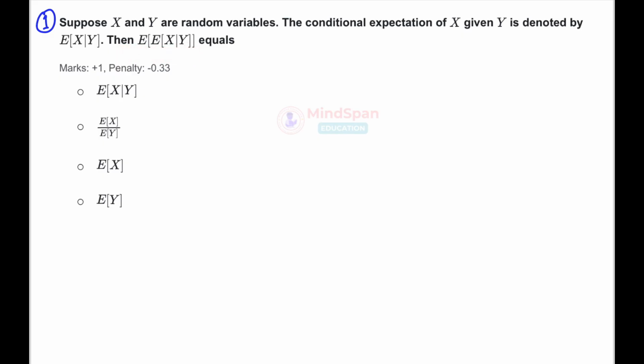We have already covered this. This is what we call the iterative law of expectation, and we have already seen that the iterative law of expectation is nothing but the total expectation theorem, right? This is not really a problem, this is a result of the iterative law.